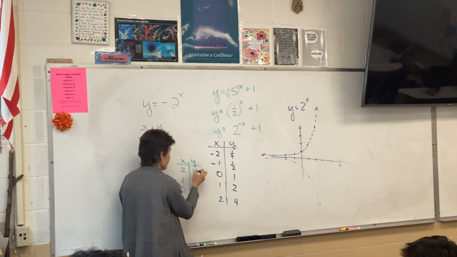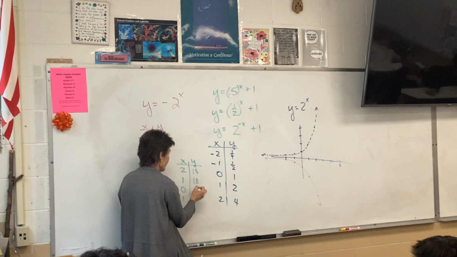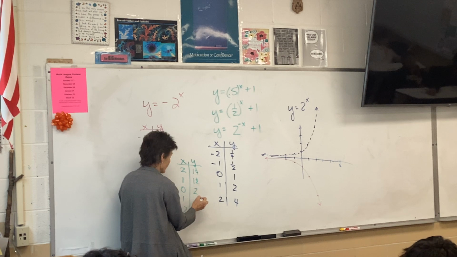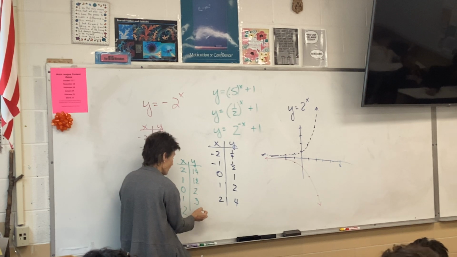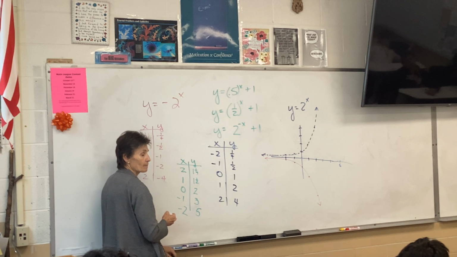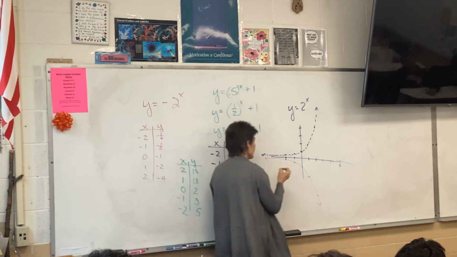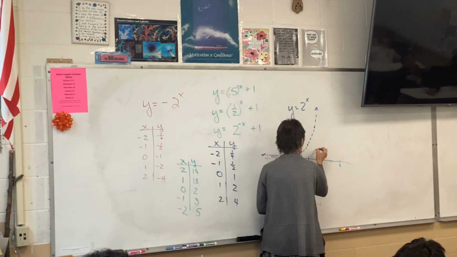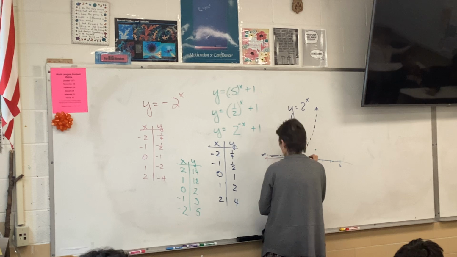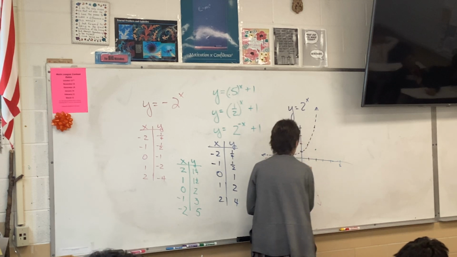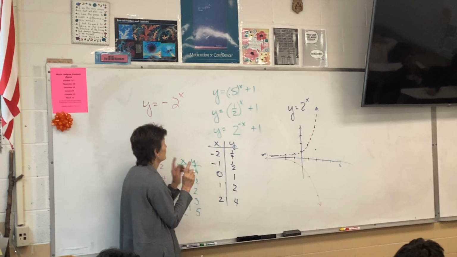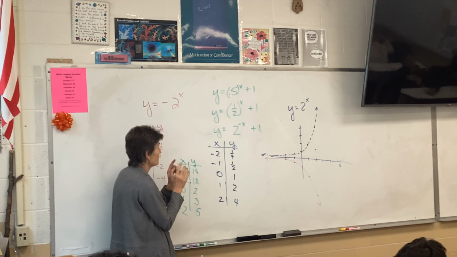So 1 1/4, 1 1/2, 2, 3, and 5. So 2, comma, 1 1/4. We're not multiplying the x by 2? Okay, wait.